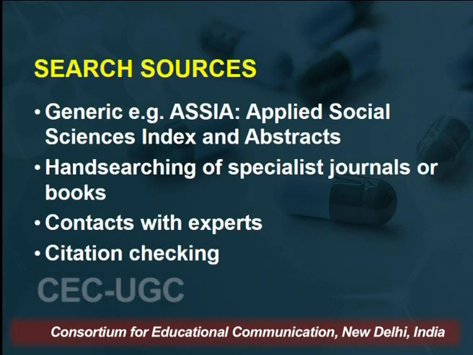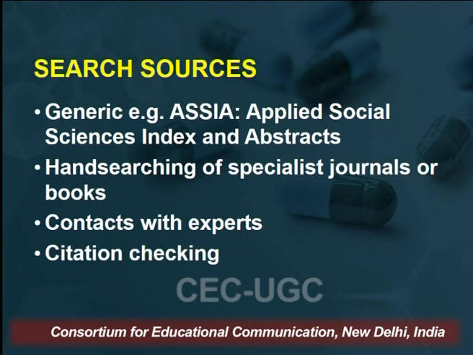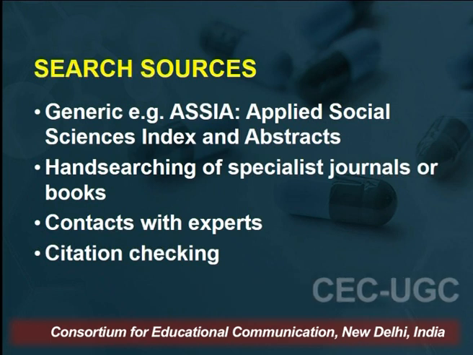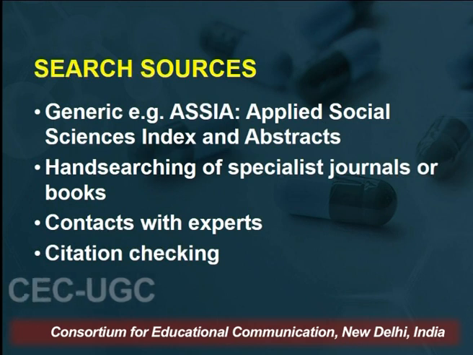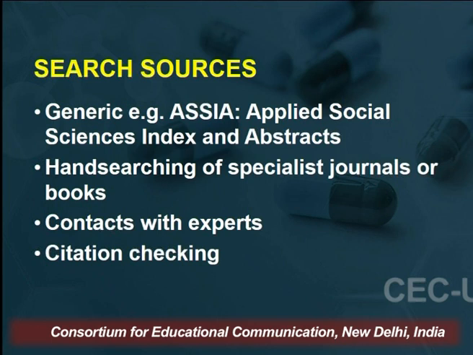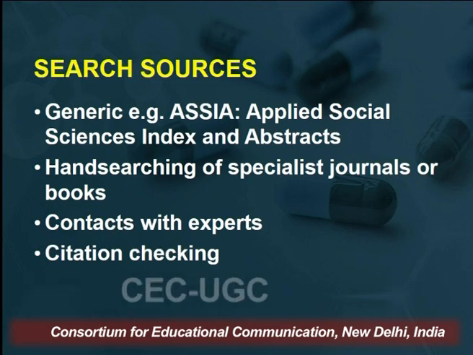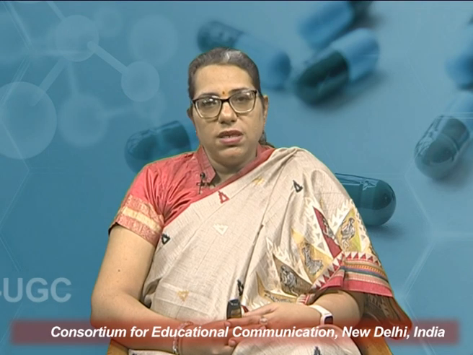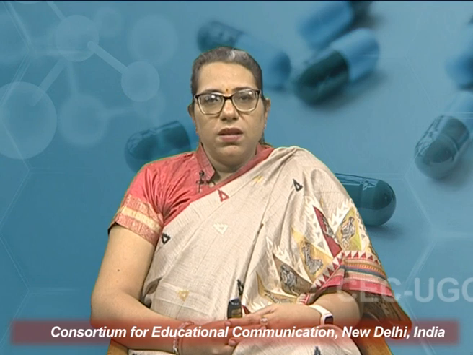Other sources include generic sources like ASSIA, which is Applied Social Sciences Index and Abstracts, that is focused on social sciences in general. Then we have hand searching of specialist journals or books. Nowadays most of the journals are available online, but still there are some journals or the archived volumes of some journals still available in hard copy. So we need to do hand searching, go to the library and search for those specific things.